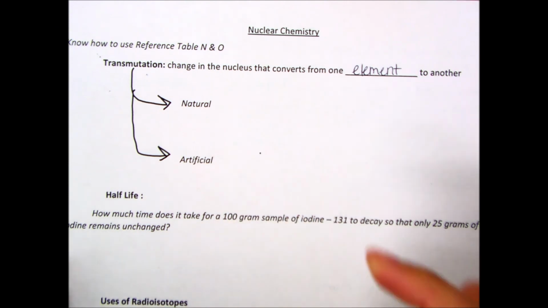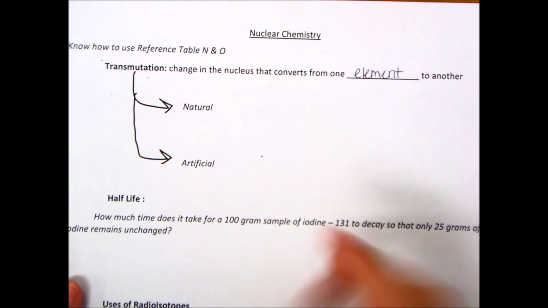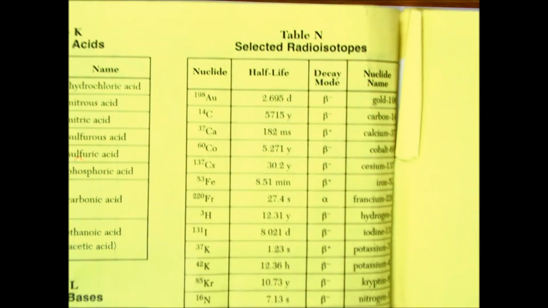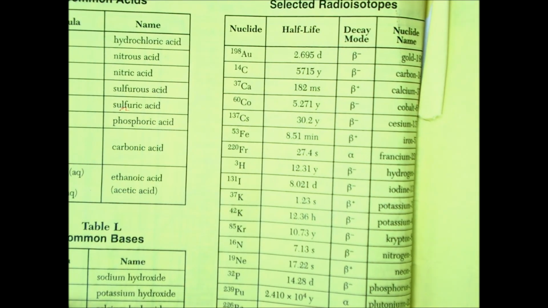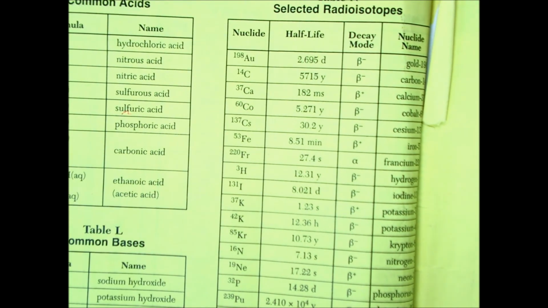This can happen naturally. So for instance, if I looked at table N, that's got a whole list of nuclides or isotopes that are unstable, which means they are naturally going to decay on their own.